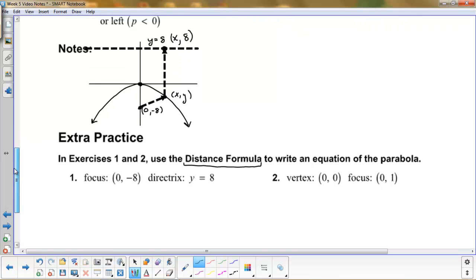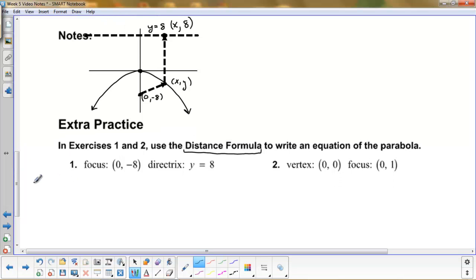Now I can begin my work. Down here below, I'll start with my 2 distance formulas equal to each other, and let's start with these 2 points right here. So I get the square root of (x minus x) squared, notice that cancels, plus (y minus 8) squared. Now that's going to equal this distance right here.